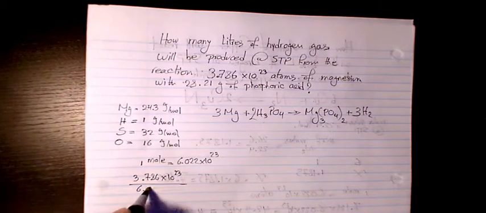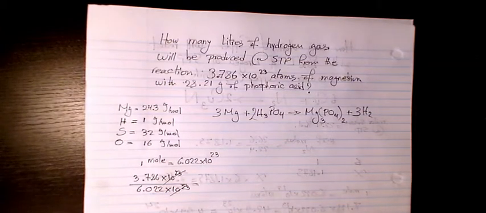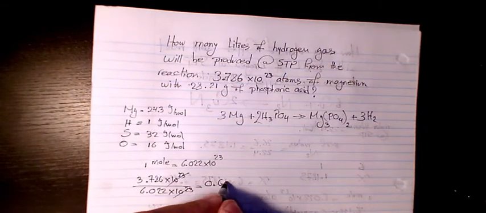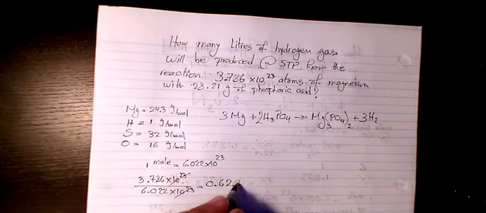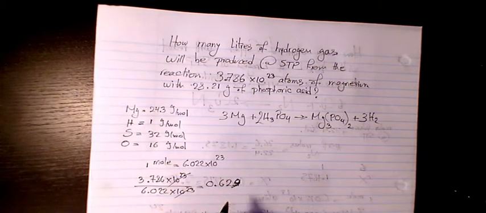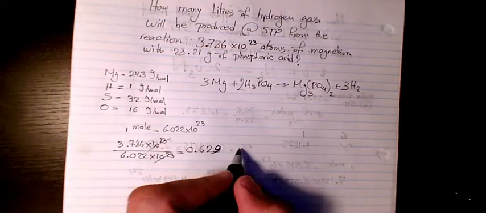If we divide it by 6.022 times 10 to the power of 23, these two cancel out. And then I can say 3.786 divided by 6.022, it will be 0.628, or if you round it, it's going to be 0.629. So that's the number of moles of magnesium.